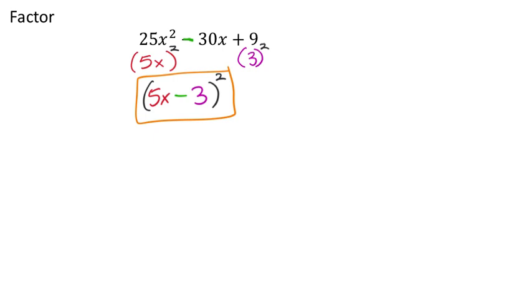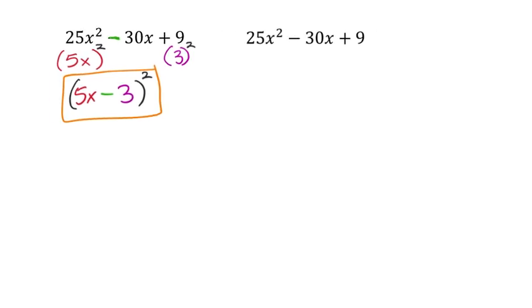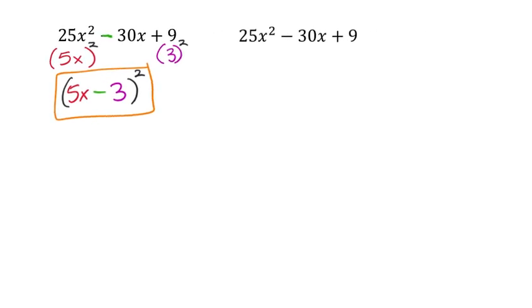Now, if you wanted to focus on factoring by grouping, you would have done it like this. Let's see if I can give myself more space. There we go. All right, so here, you look for any greatest common factors you can factor out, which there are none.